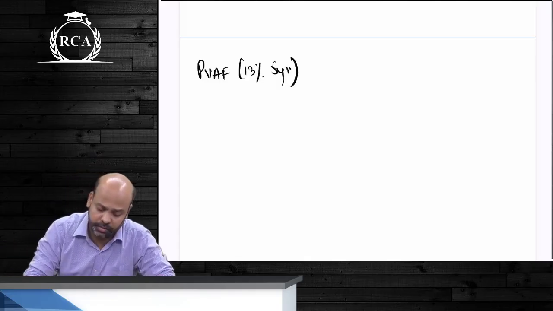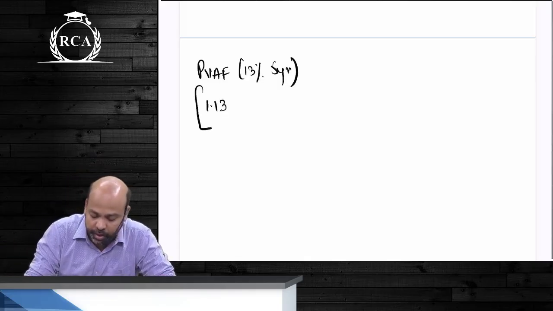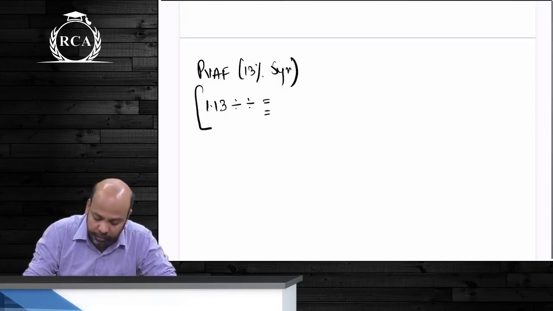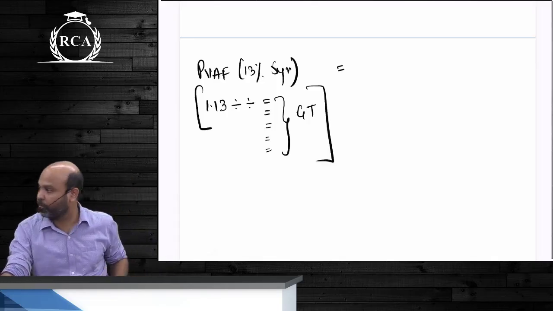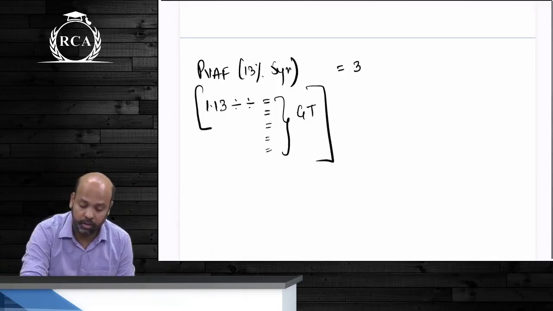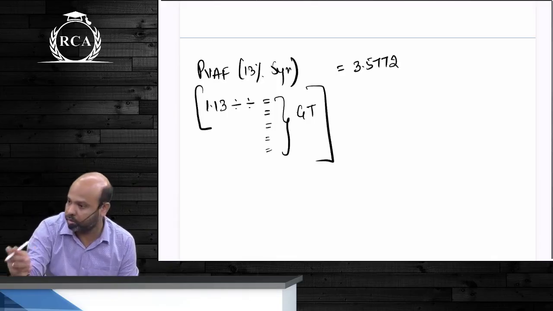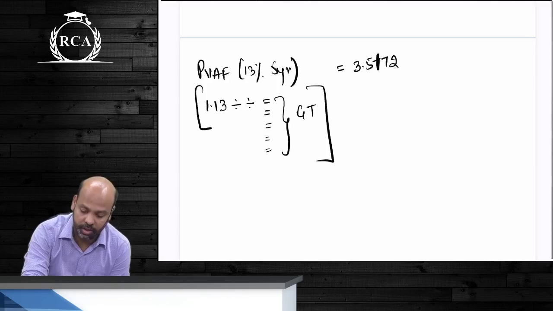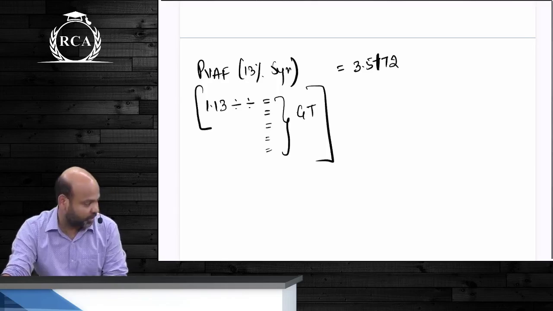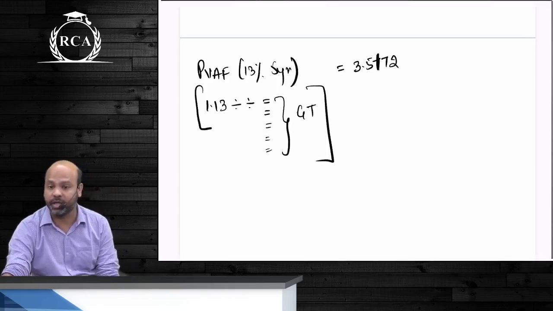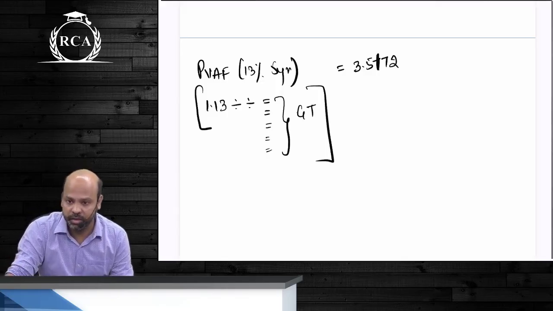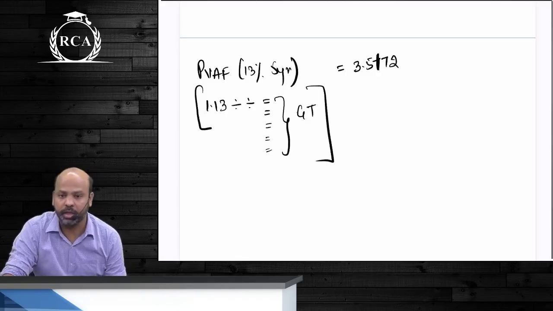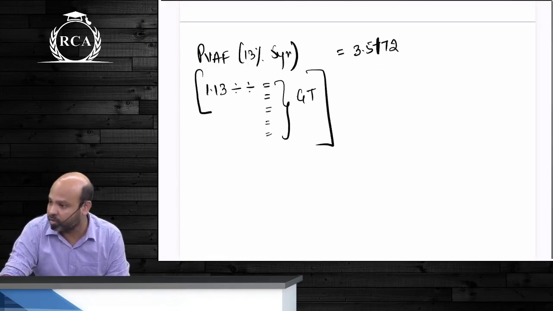We'll write 1.13, divide twice, press equal to 5 times, and then press grand total GT. 3.5172. If you deposit 3.5172 today at an interest rate of 13%, you will be receiving 1 rupee every year for the next 5 years. Are we all clear about this? Any doubt in this? Yes or no?